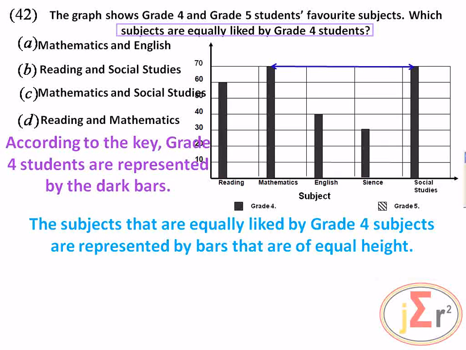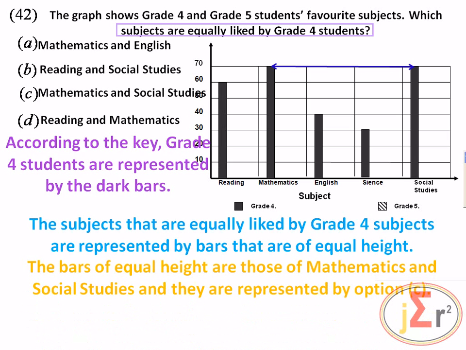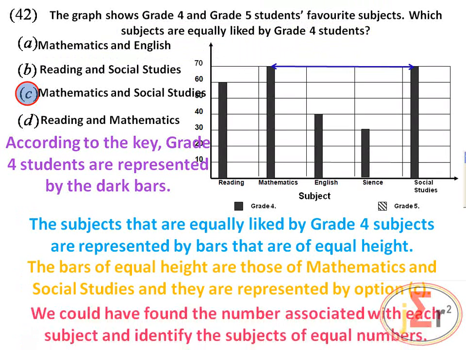They represent the subjects that are equally liked by grade 4 students, and they are represented by bars of equal height. The bars of equal height are those of mathematics and social studies, and they are represented by option C. We could have found the number associated with each subject and identified the subjects of equal number.